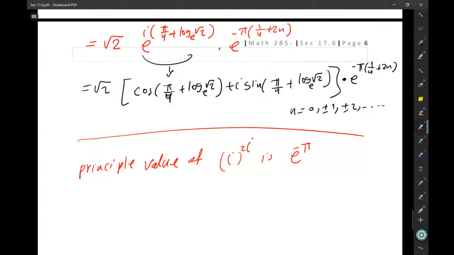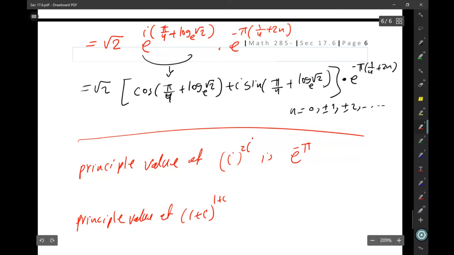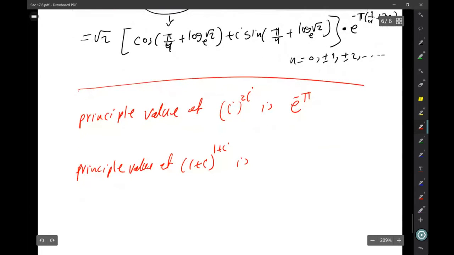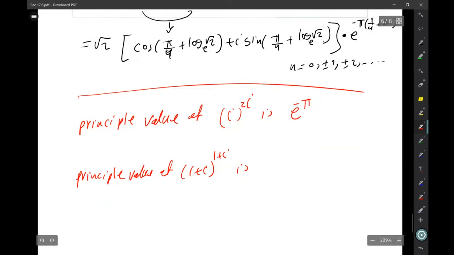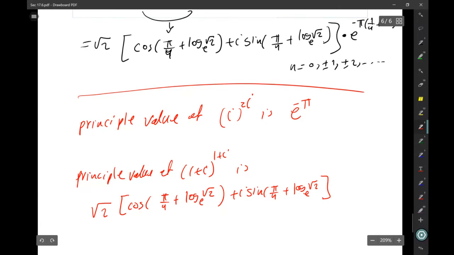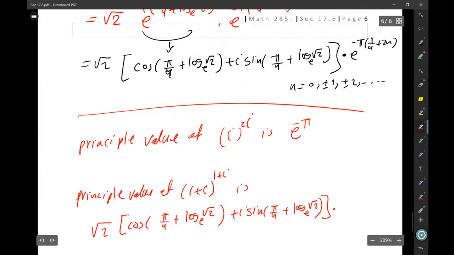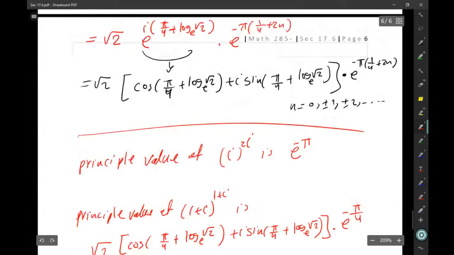What about the principal value of the last one? (1 plus i) to the power (1 plus i), the whole value without n, is equal to the square root of 2 times cosine pi over 4 plus logarithm square root of 2, plus i sine pi over 4 plus, times e to the power minus pi by 4 only.